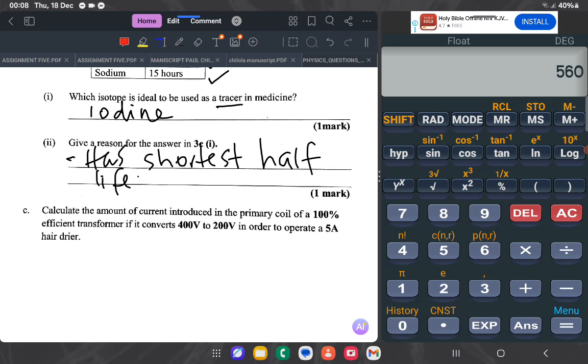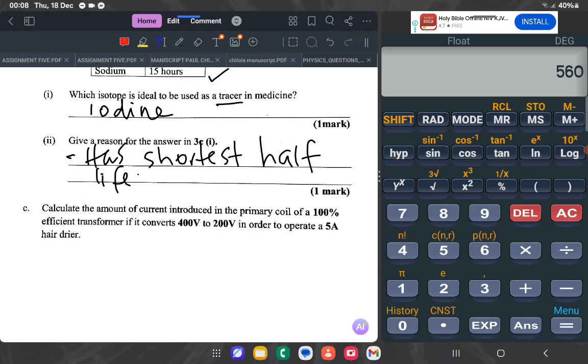All right. Number C, calculate the amount of current introduced in the primary coil of a 100% efficient transformer if it converts 400 volts to 200 volts in order to operate a 500 amp hair dryer.